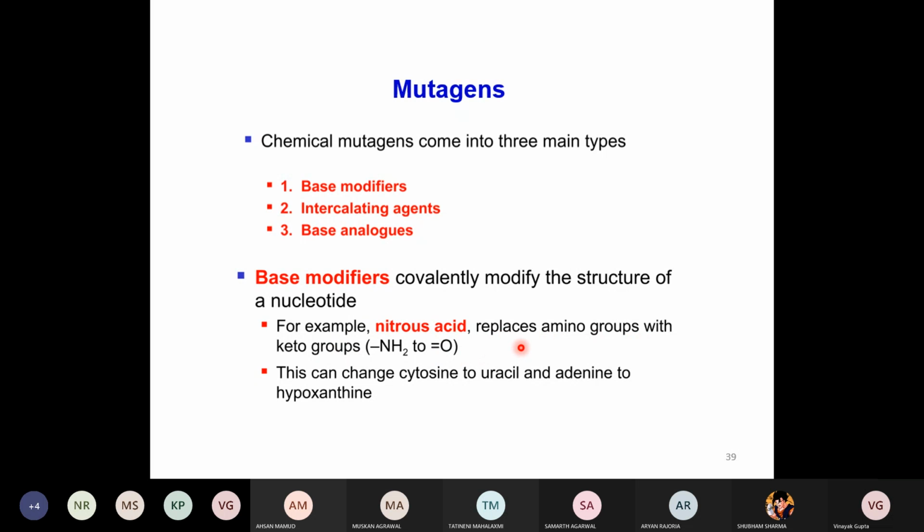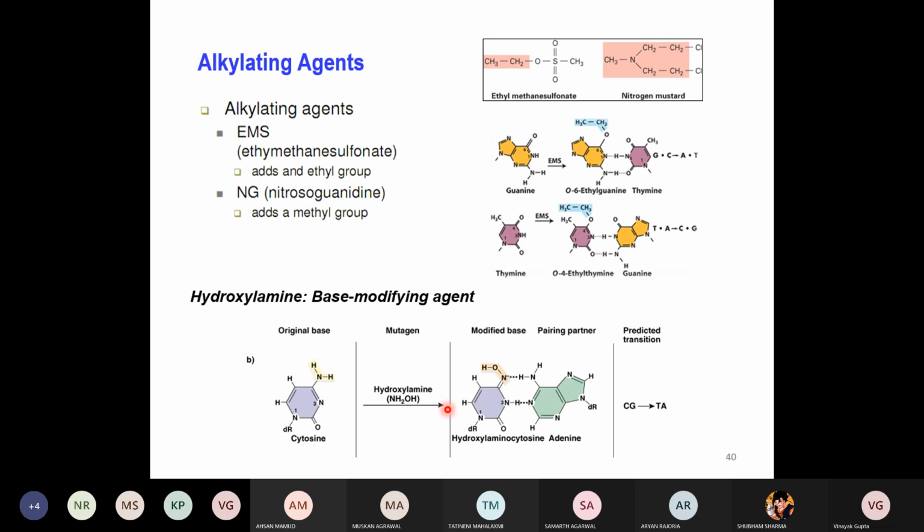That means it is causing deamination. So again the same, C to U, cytosine to uracil. And because we are using a chemical agent, it can deaminate adenine also, adenine to hypoxanthine. The ultimate outcome is going to be the same, CG to AT or AT to CG.